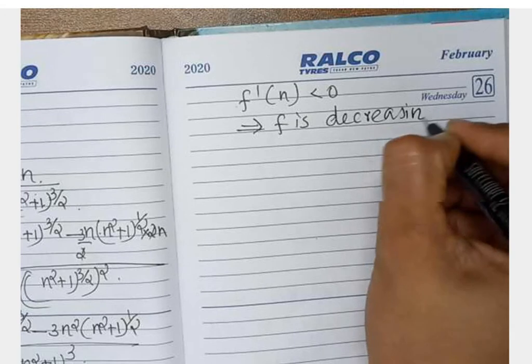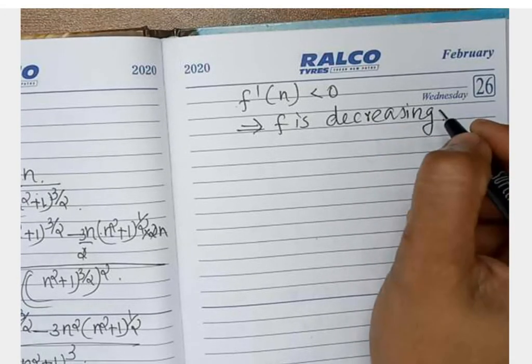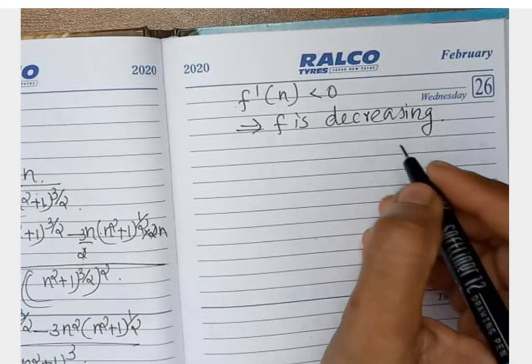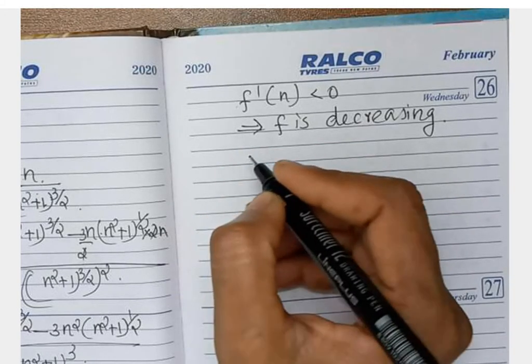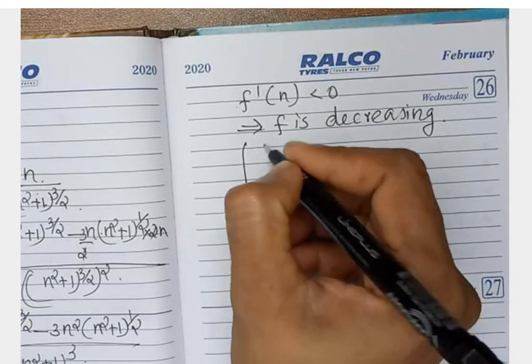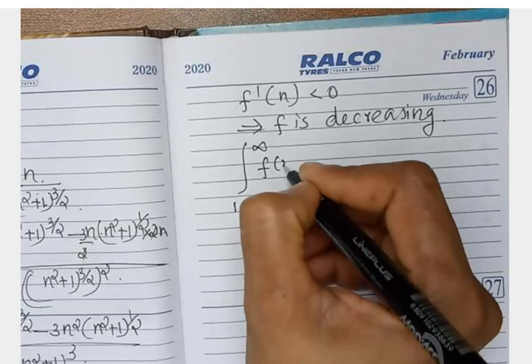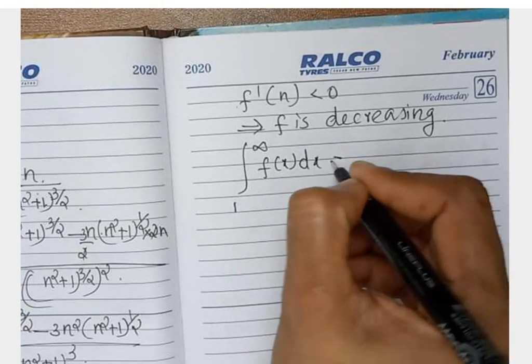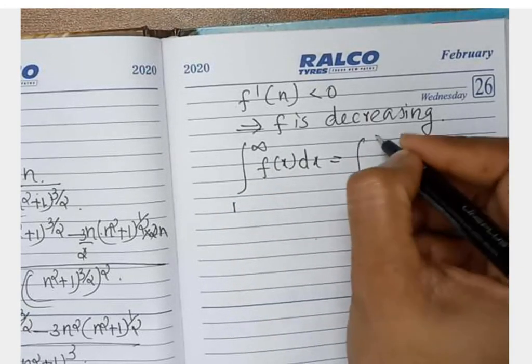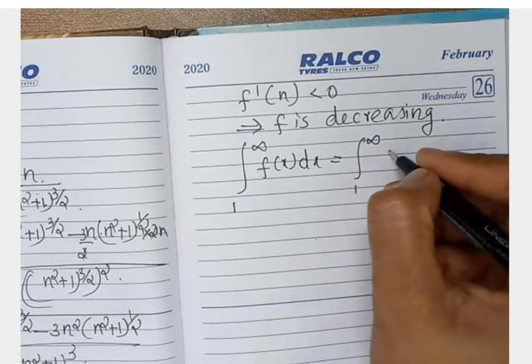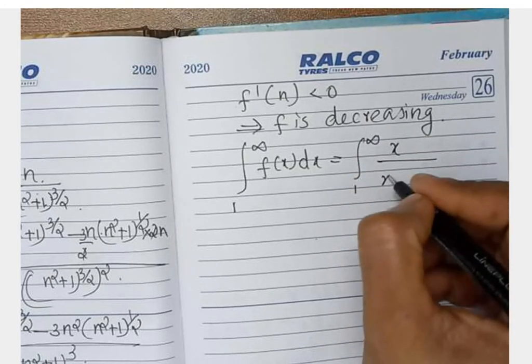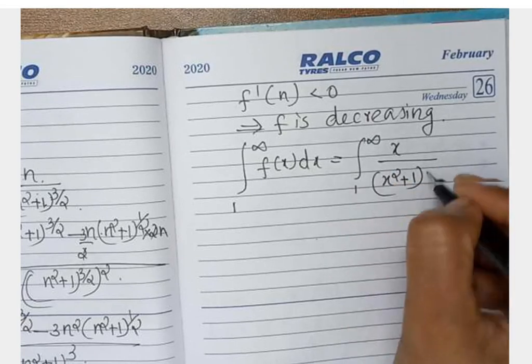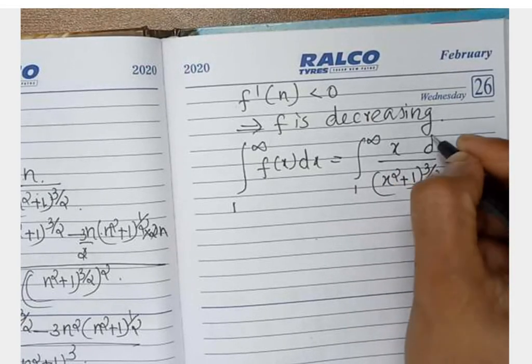So what we have got: f is decreasing, positive and continuous, so we can apply the integral test. The integral from 1 to infinity of f(x) dx equals the integral from 1 to infinity of x divided by (x²+1)^(3/2) dx.